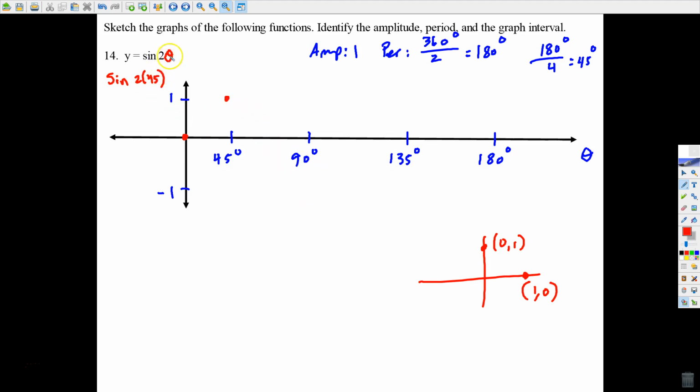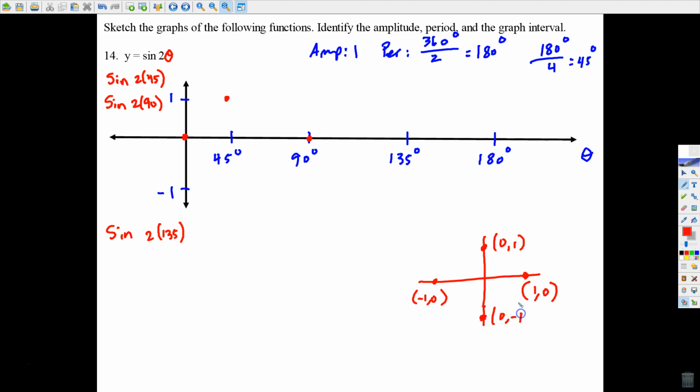Okay, when we input 90 in for theta, it's like doing this. So we're actually doing sine 180, 2 times 90. And that's 0, the y-coordinate. When we input 135, just following the same pattern, it's like saying sine of 270, 2 times 135.